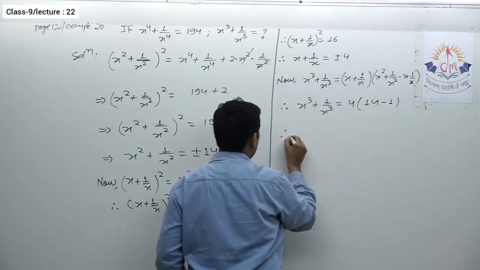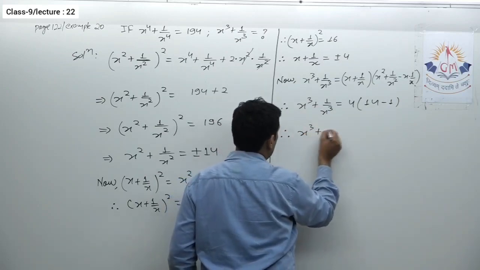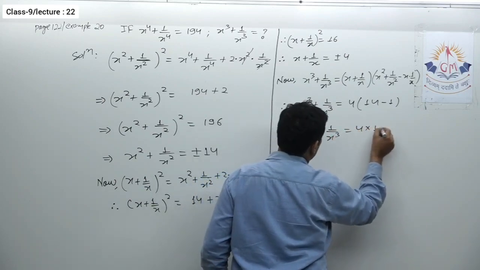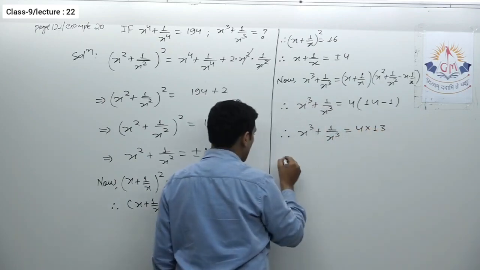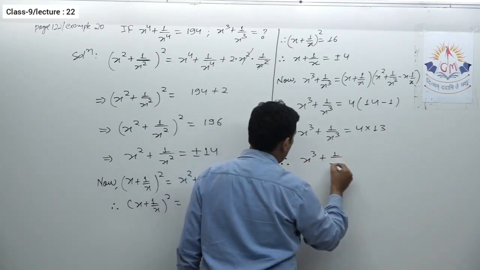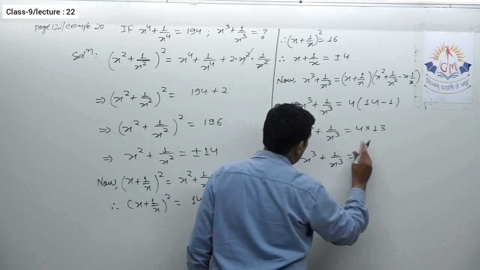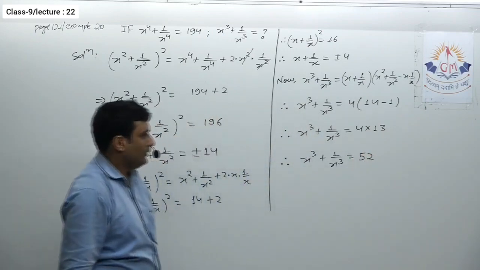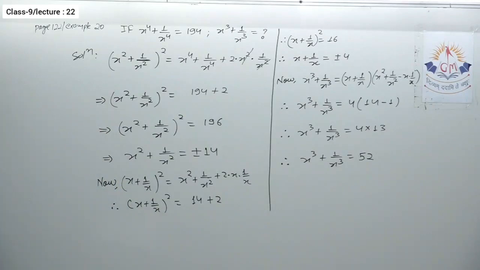So here I will get x cube plus 1 upon x cube is equal to 4 into 13. Therefore x cube plus 1 upon x cube is equal to 52. Okay, so please note it down.